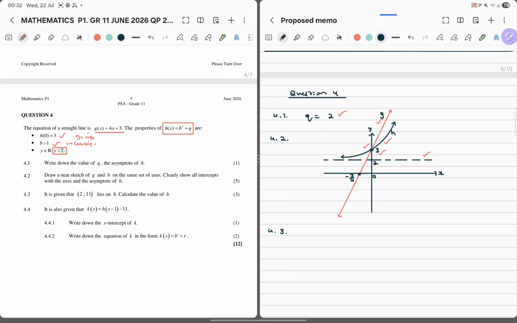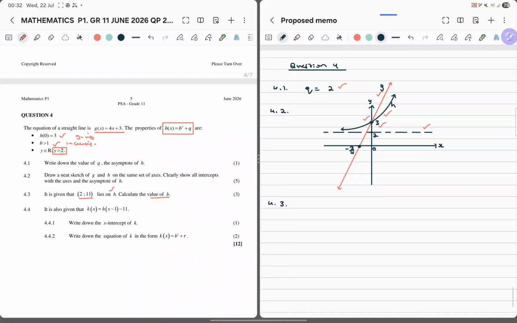4.3 says, if it is given that (2; 11) lies on H, calculate the value of B. Okay, nice and easy. So we know that H of X is basically B to the exponent X plus 2.